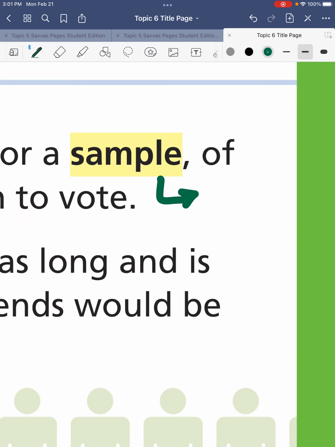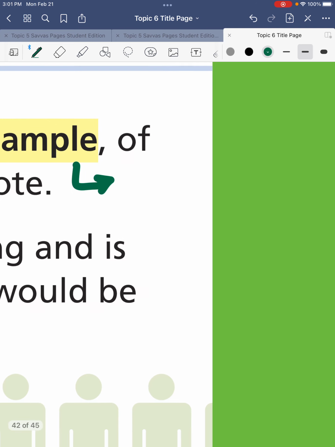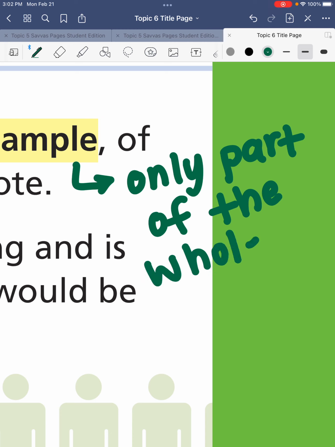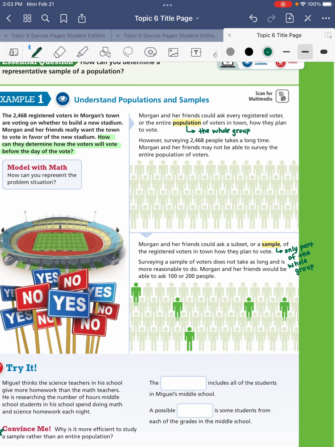So a subset or a sample is only part of the whole group. So they're going to ask just a few people of the whole group how they plan to vote. So surveying a sample of voters does not take as long and is more reasonable to do. Morgan and her friends would be able to ask 100 or 200 people.